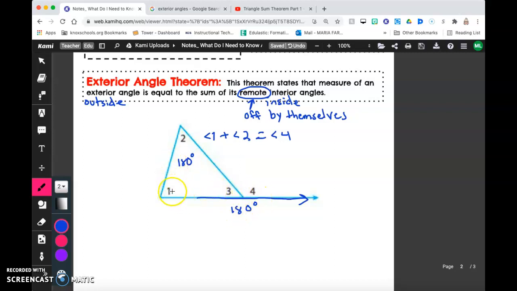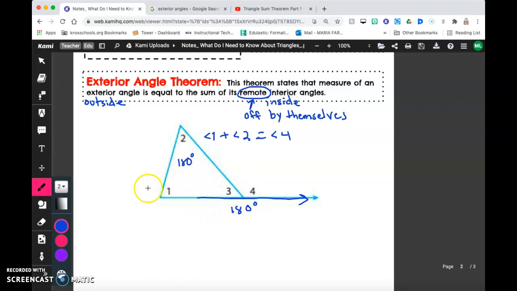So if all three of these equal 180, and this straight line equals 180, well, in order for these two to equal 180, I'd have to take 180 minus this angle to get this number. Well, 180 minus this number is going to give me the sum of these two numbers here.